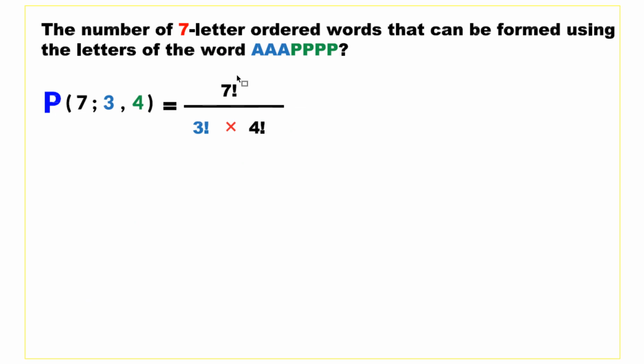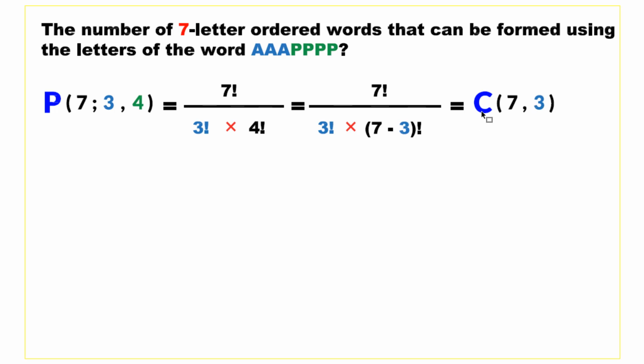In the permutation formula, we have 4 factorial. What is 4 factorial? It is 7 minus 3 factorial. So if we remember the formula of combination, we realize that this formula is equal to combination of 7 objects taken 3 at a time.